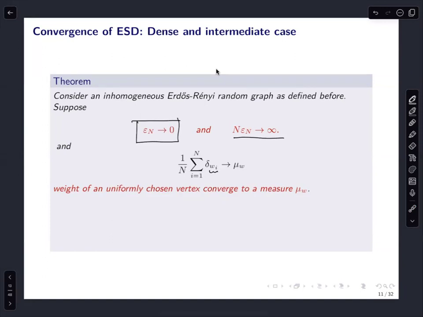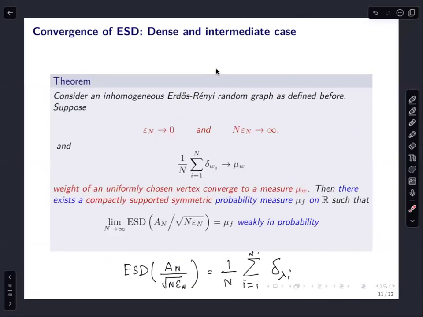Another way of looking at this: choose one vertex uniformly at random from your vertex set and look at its weight. That should converge to some random weight, and that weight measure is given by this mu_W. This mu_W plays a crucial role in the description of my limiting measures.